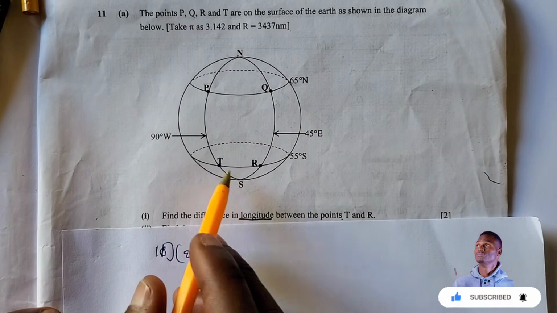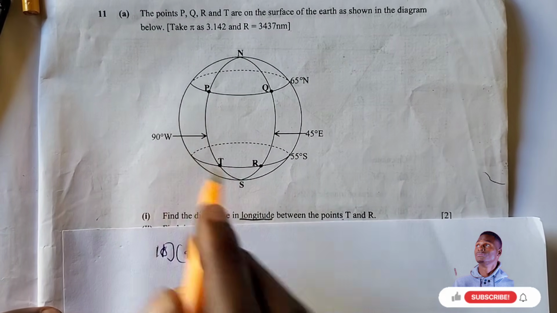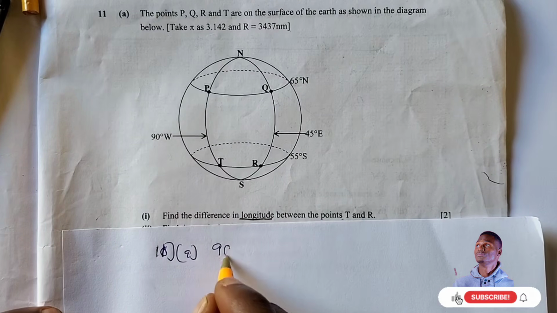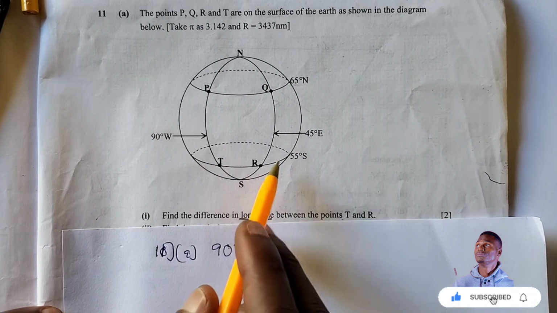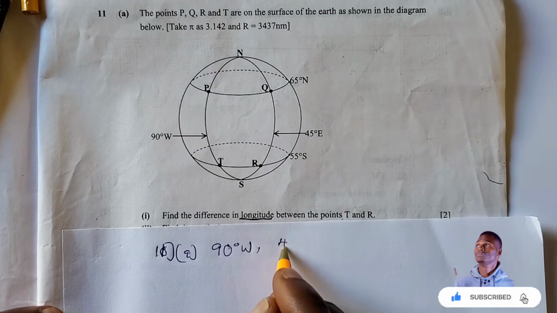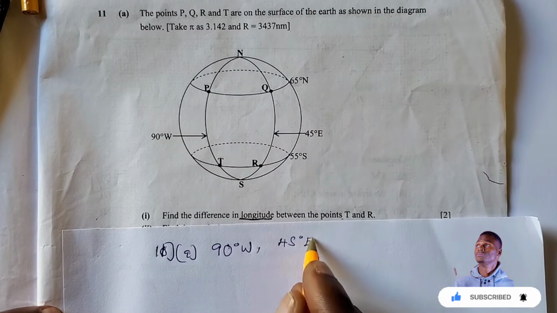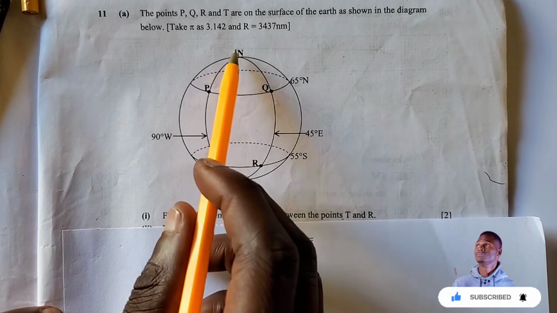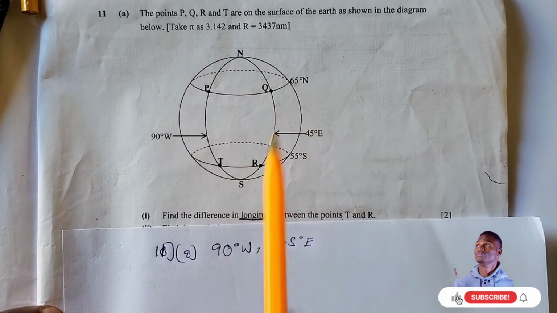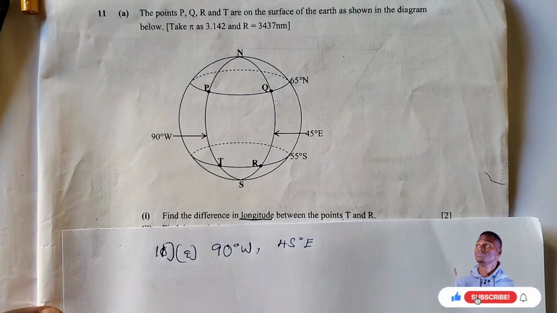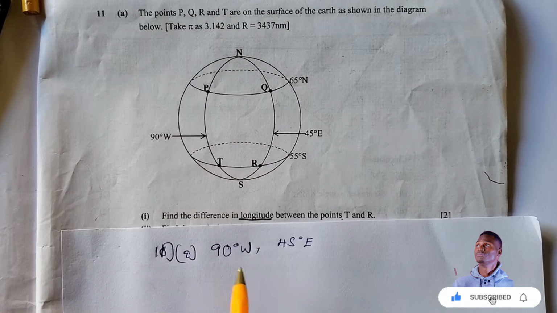So, T is on longitude 90 degrees west, and the other one is on 45 degrees east. These are longitudes, lines that run from north to south. Since they are on opposite sides, you add.